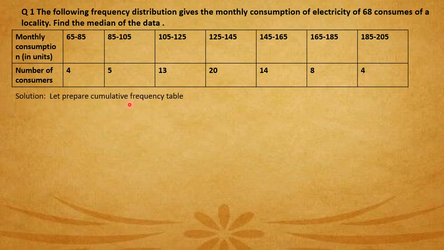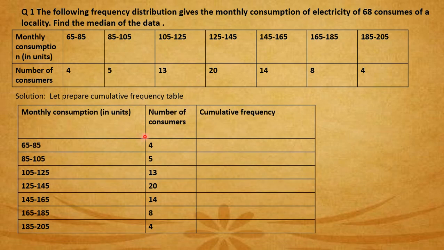First we have to prepare the cumulative frequency table. In the next column we find the Cf, the cumulative frequency, which is the sum of the frequencies. First 4. In the second class interval, it becomes 4 plus 5, which is 9.